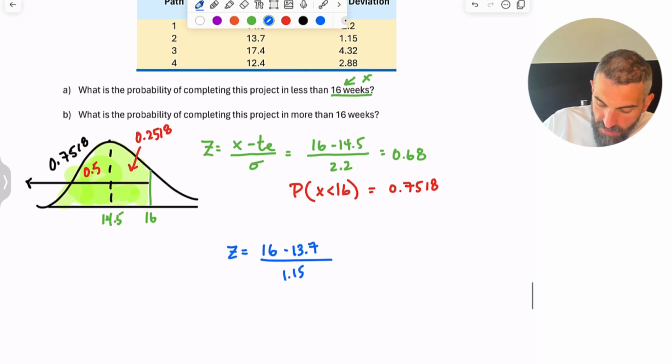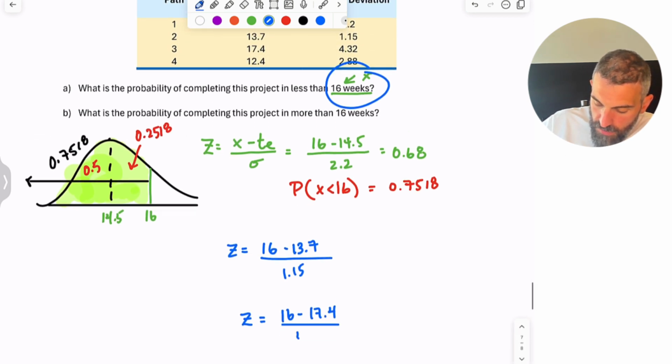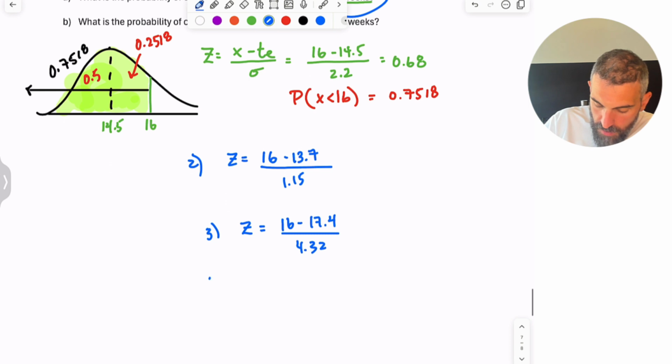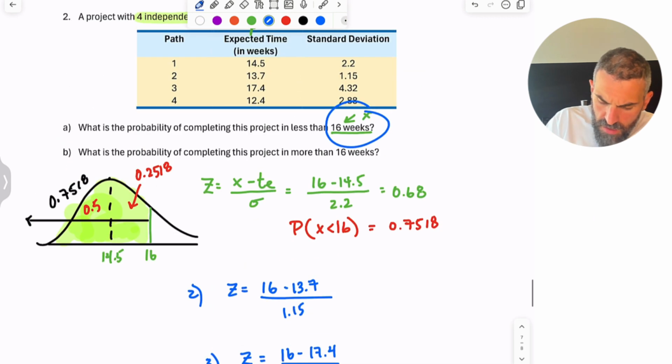For path 3, 16, that's the value in the question, 17.4 is my expected time with a 4.32 standard deviation. And then path 4, 12.4. So 16 minus 12.4 over, what was that, 2.88? Okay.